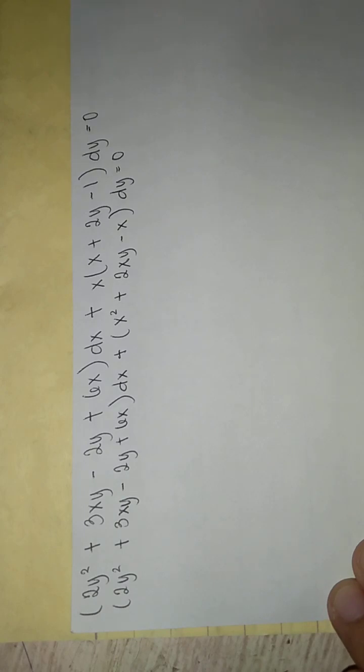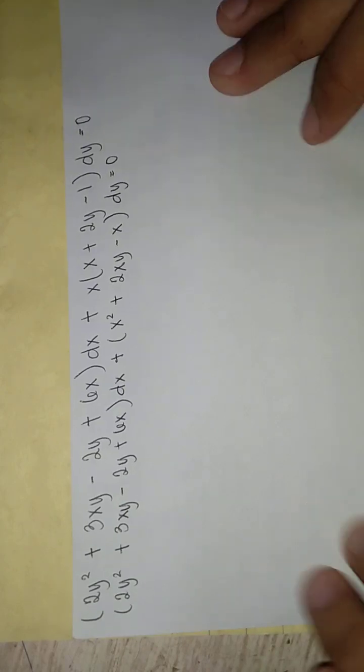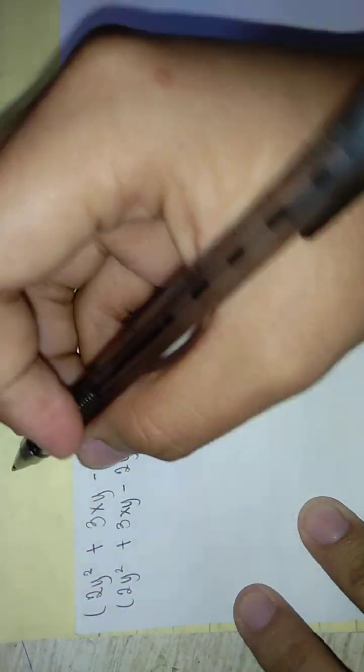Now let's check for exactness. We're going to use this one to solve for the partial of M in terms of y, so we derive this with respect to y. Then we'll have 4y.